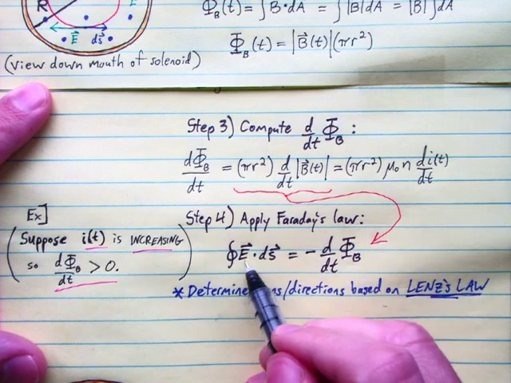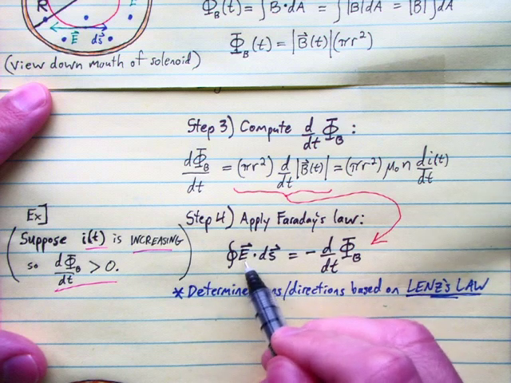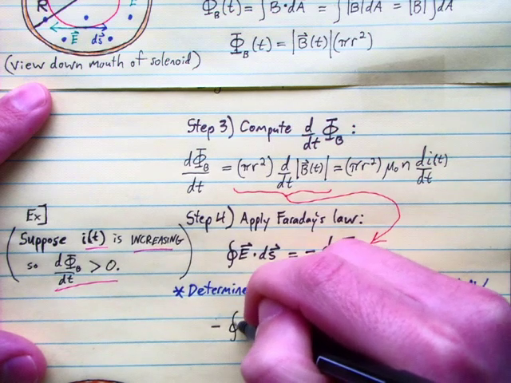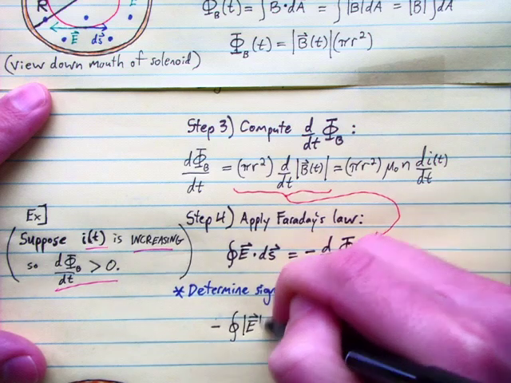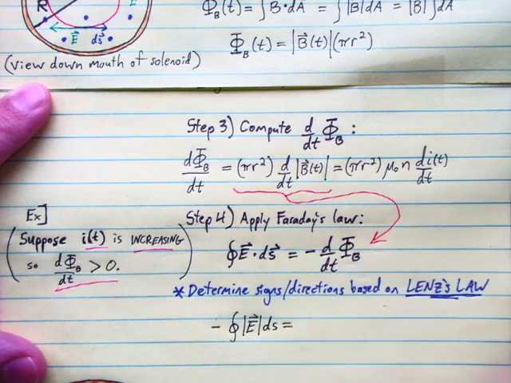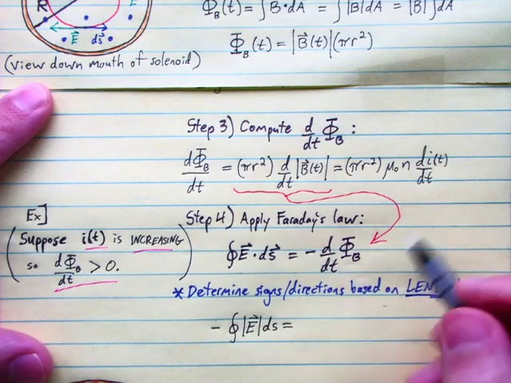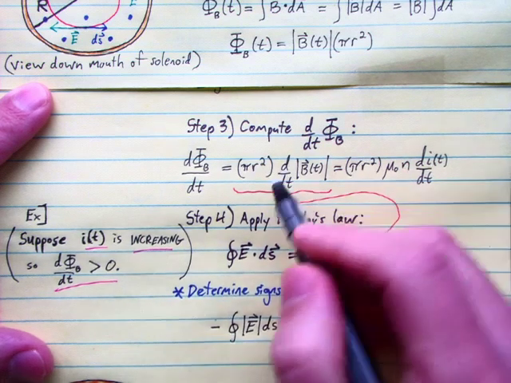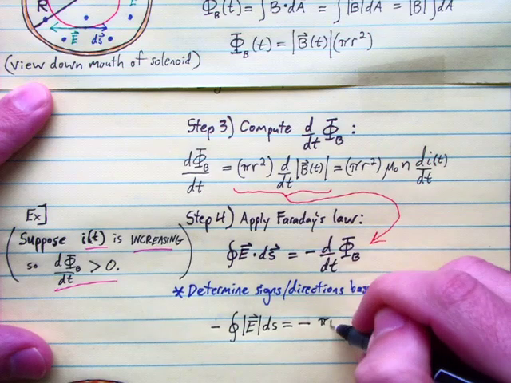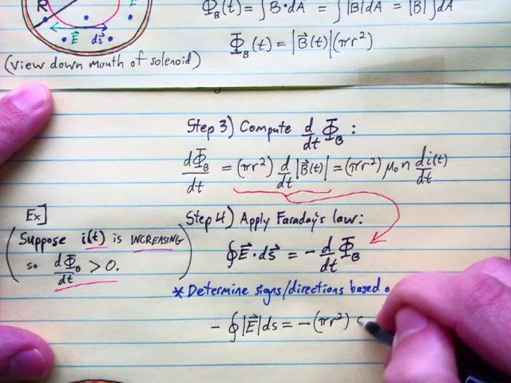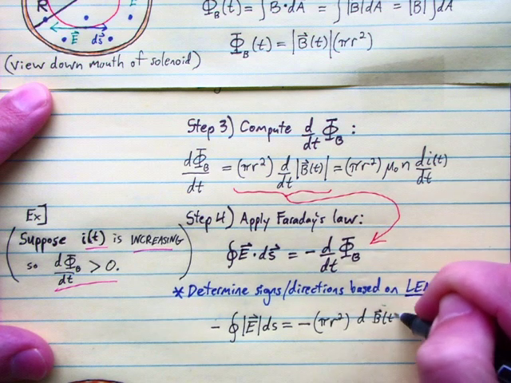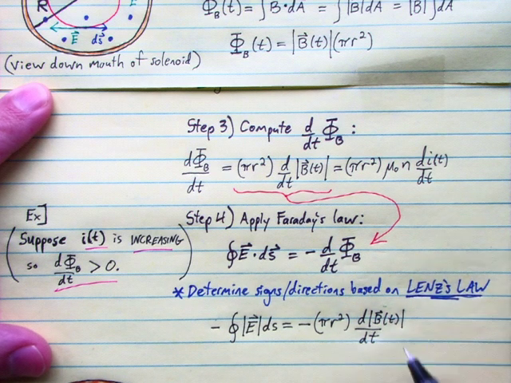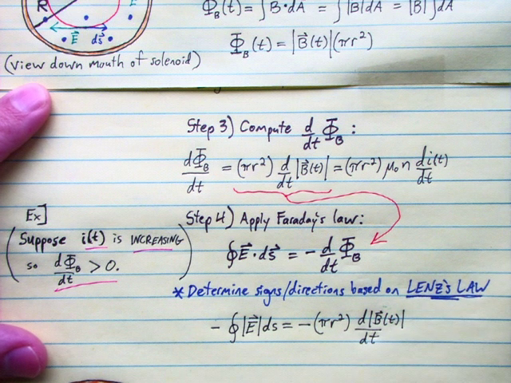So E and ds are anti-parallel to each other, so when we dot them together, we get a minus sign, so minus the closed path integral of the magnitude of this induced E field times ds equals, and on the right-hand side here, we have the opposite of the time rate of change of the flux, so the opposite of this expression, pi r squared, and I'll leave this as the time rate of change, dB/dt, of the magnetic field strength inside the coil.